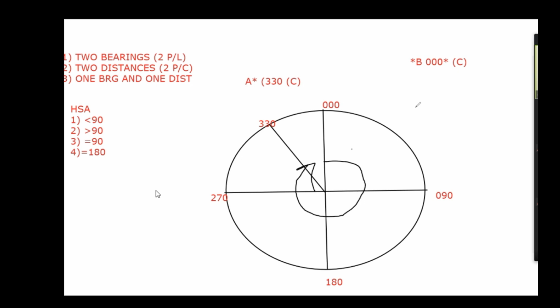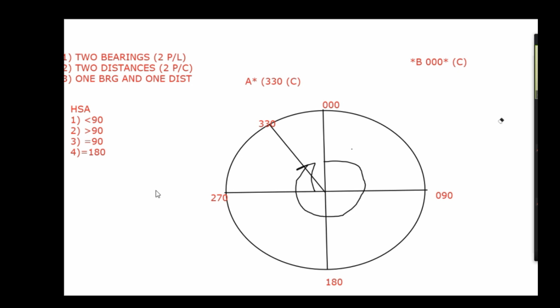So compass north is not known. The moment compass north is not known, we cannot do it. And in this kind of problem, you will find that variation and deviation are also not given. If the variation and deviation are given, then we can convert compass bearings to true bearings. But in this kind of problem, variation and deviation are not given.